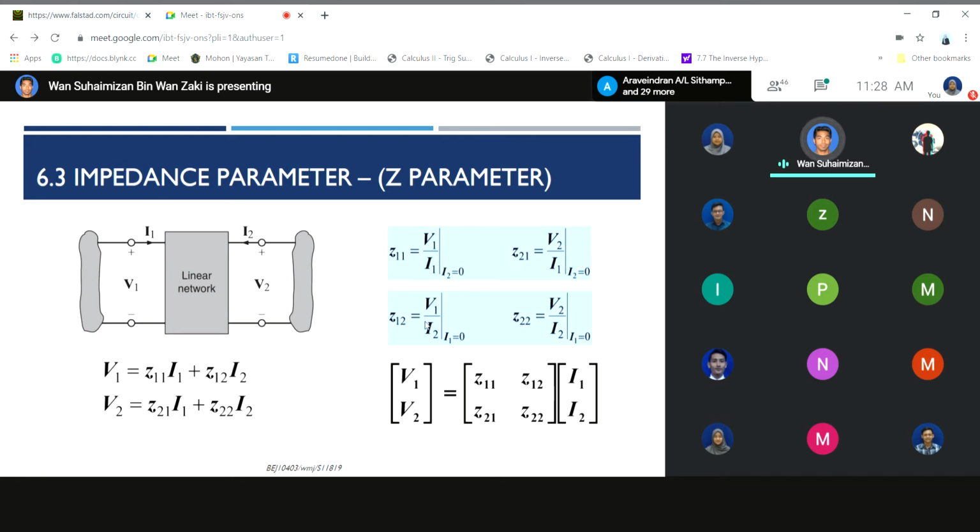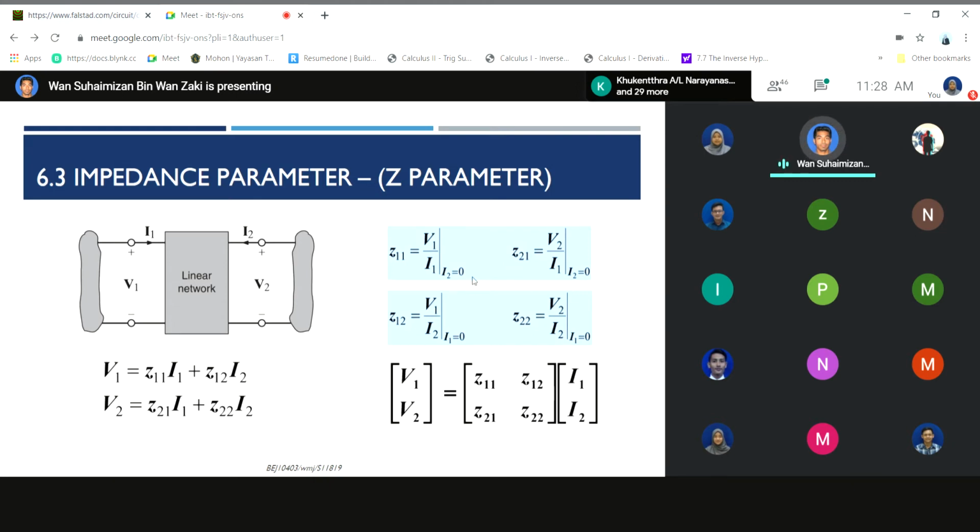Next, if you set I1 equal to 0, what you get is Z12 equals V1 over I2, and Z22 equals V2 over I2. So you need to determine all the parameters according to these formulas.